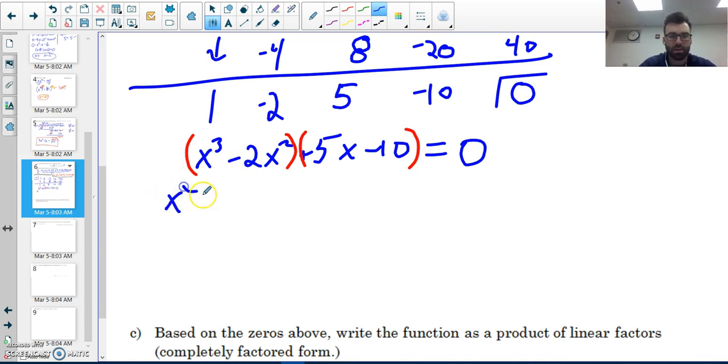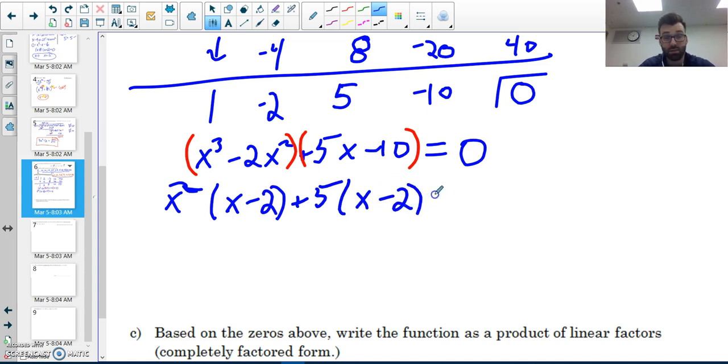Take out an x squared, x minus 2. 5x and -10, take out a +5, and I'll have x minus 2 equals 0.